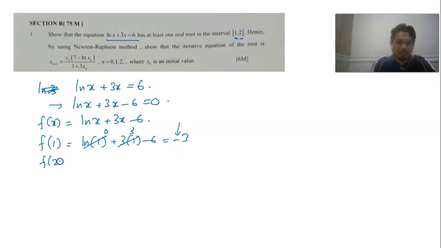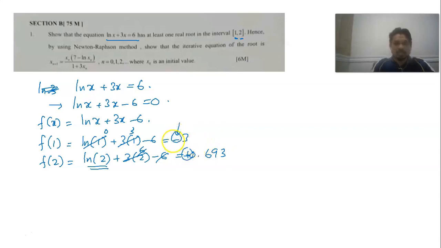And then f(2) equal to natural log of 2 plus 3 times 2 minus 6. 3 times 2 equal to 6, so 6 minus 6 equal to 0. And natural log of 2 gives a positive value, which is 0.693. So there is a change of sign from negative to positive.